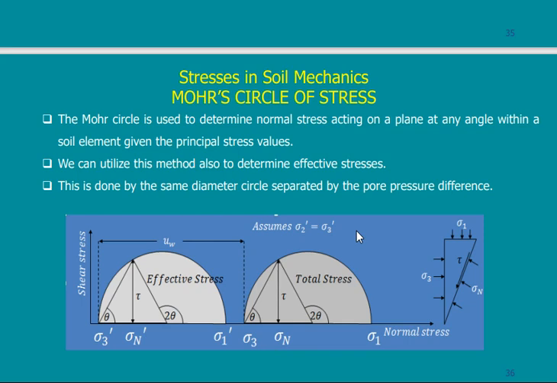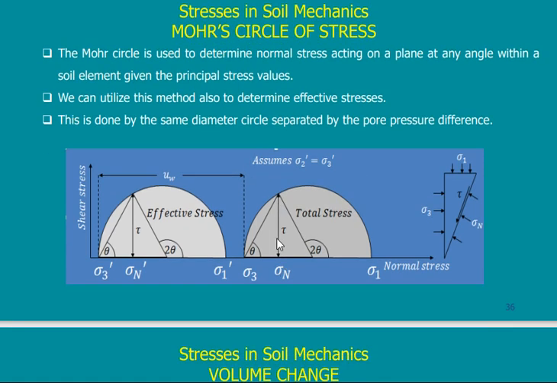We did not know how he got it, but he got it based on studies and equations. Similar to that, Mohr just drew these two axes. This axis represents the shear stress, and this axis represents the normal stress.